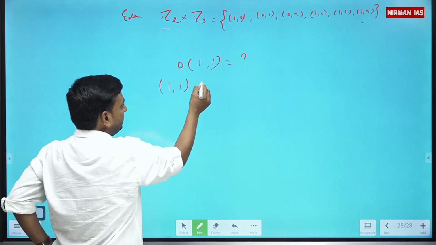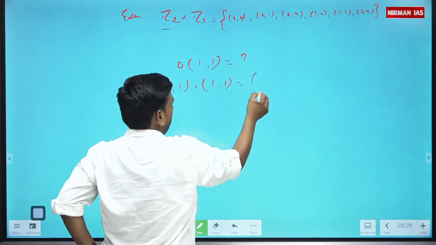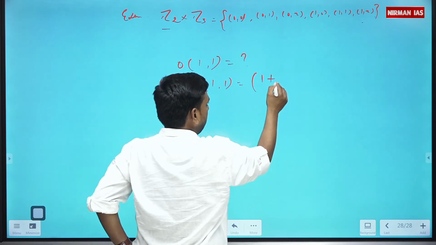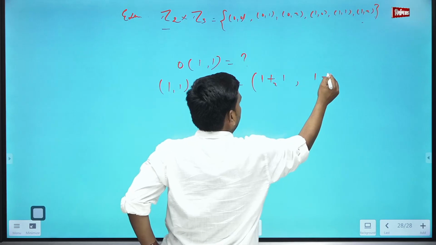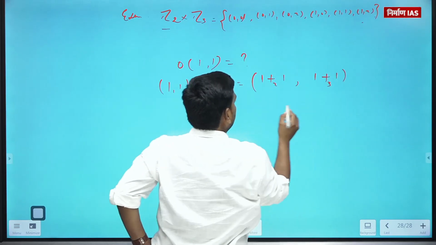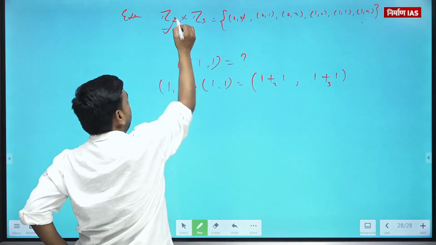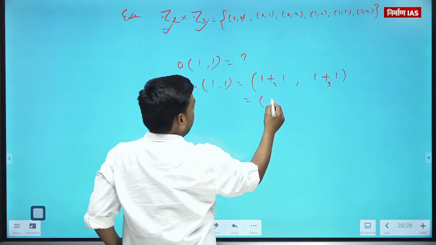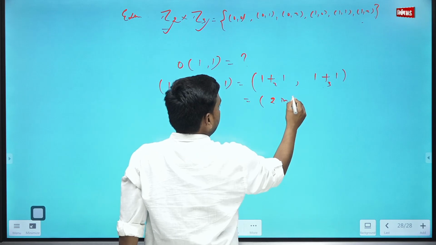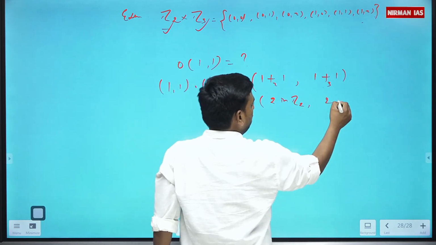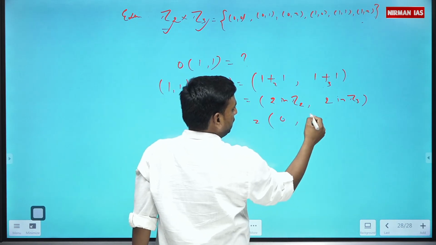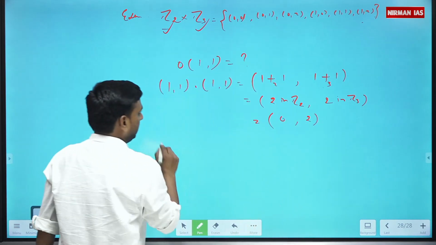I will compose this 2 times. So what will it be? Addition modulo 2 in the first component and addition modulo 3 in the second, because the first operation comes from the first set and the second from the second set. What I got is 2 in Z2 and 2 in Z3. So 2 in Z2 is 0, and 2 in Z3 is 2 only.